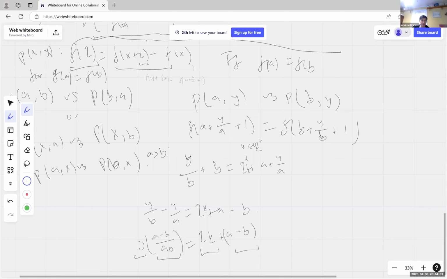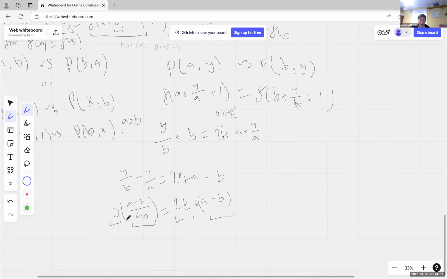Basically, even for very close values of a and b, you can just select y to be very large, and that will give you something. You don't actually have to show what the value of y is, but you certainly can.